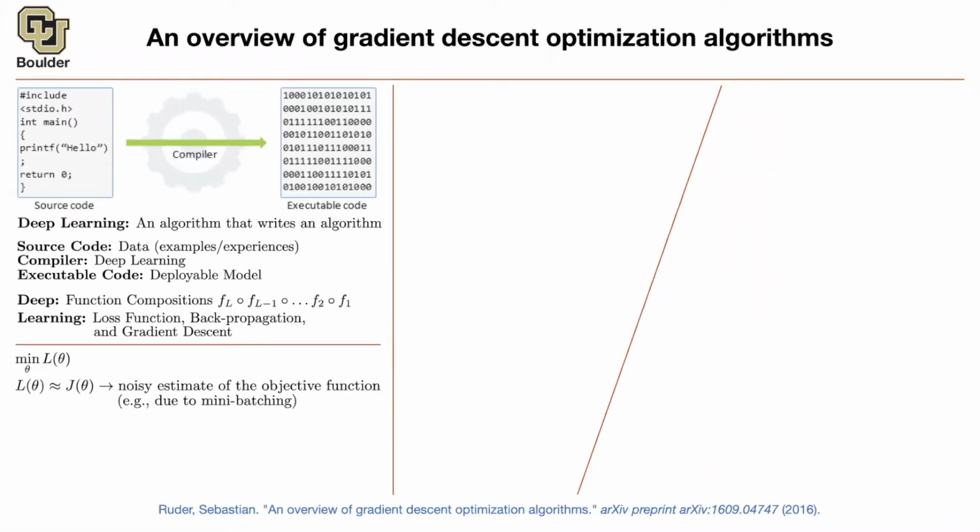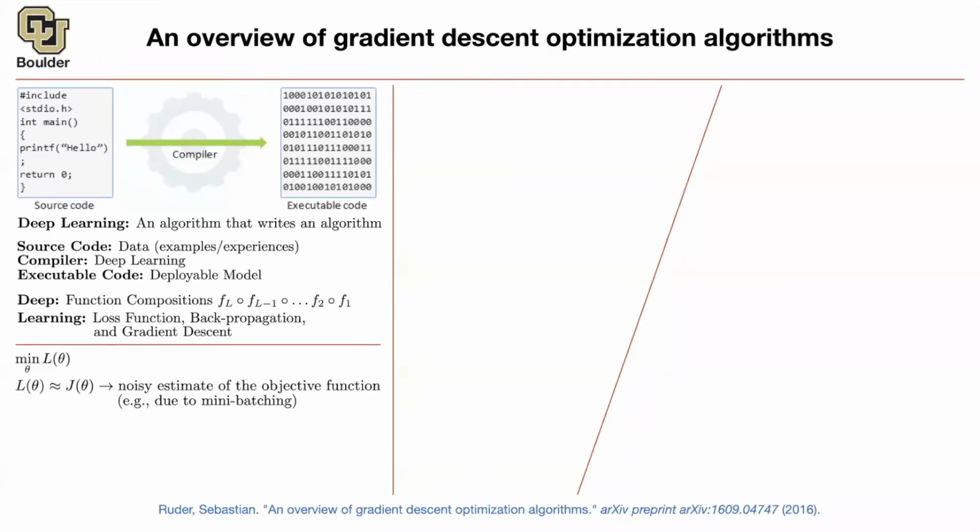If you take a look at a mini batch of data, you're doing your summation on a subset of your data. It means that you always have access to noisy estimates of your loss function. There is usually a summation over your entire data set, but now you're doing your summation over a mini batch, over a subset.